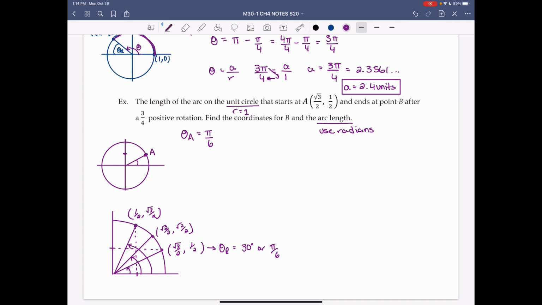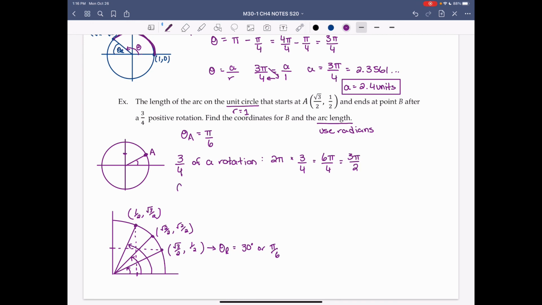It's 3/4 of a rotation away from A. What is 3/4 of a rotation in radians? We can take 2 pi of full rotation and multiply it by 3/4. Then we get 6 pi over 4, which reduces to 3 pi over 2.